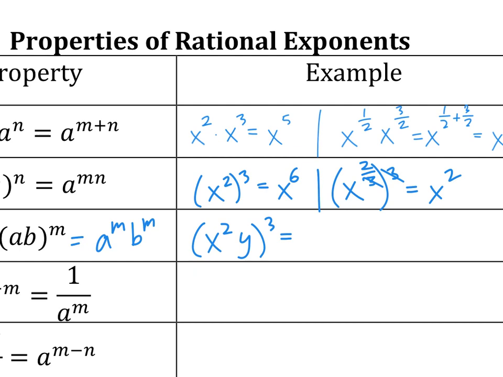Write down what you think the answer is. Okay, Evan, what do you think the answer is? X to the 5? Not 5. Huh? 6. X to the 6, and then y to the 3rd. All right, so we multiply.